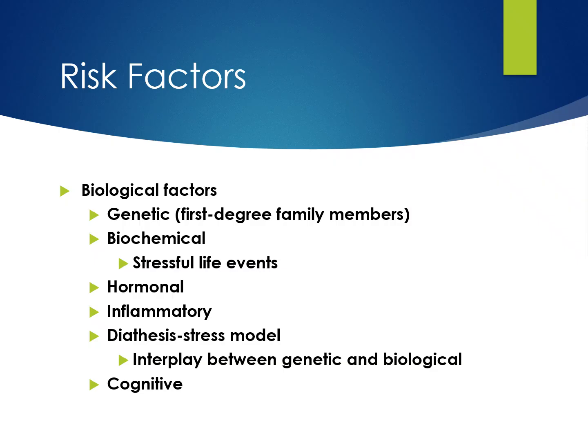Some cognitive factors: cognitive theorists believe that people may acquire a psychological predisposition to depression due to early life experiences. These experiences contribute to negative, illogical, and irrational thought processes that may remain dormant until they are activated during times of stress.